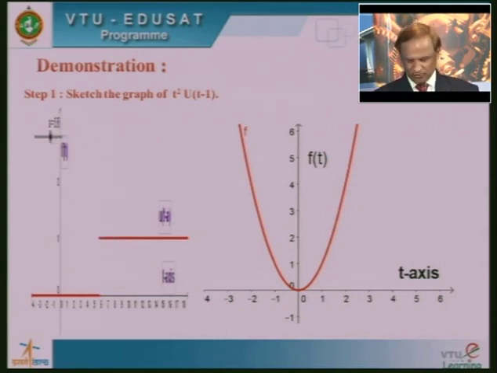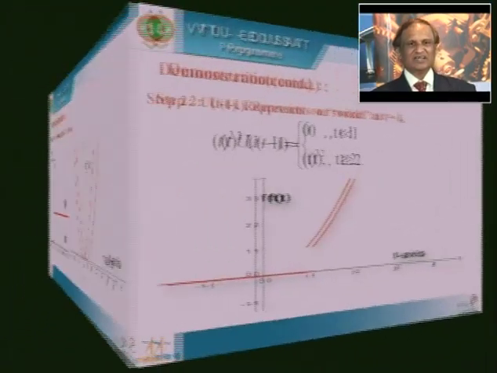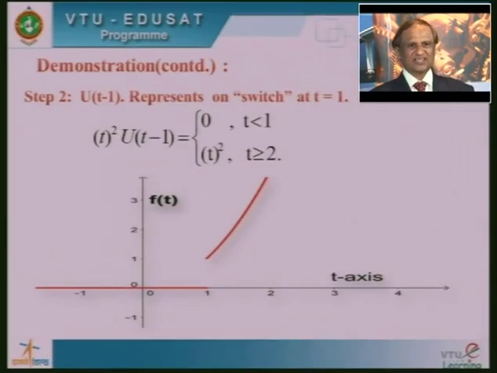Multiply these two graphs. What is the resultant graph? u of t minus 1 represents an on switch at t is equal to 1. It means at time t is equal to 1 it will be on, otherwise it will be off.